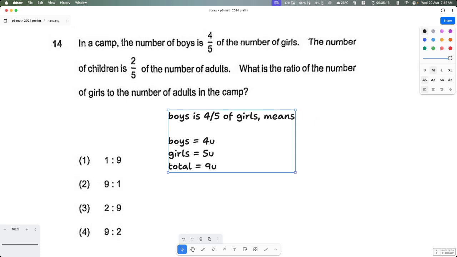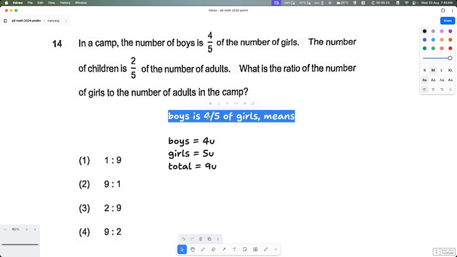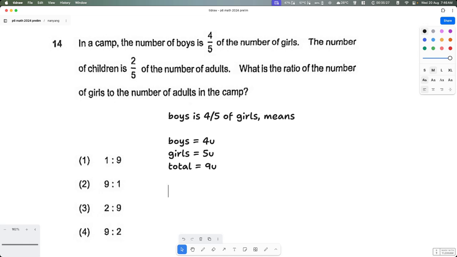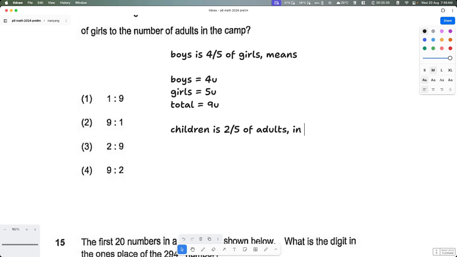Okay, so the number of children is 2/5 to the number of adults. Okay, so children is 2/5 of adults, so in ratio it will be, I'm gonna write down, children is to adults, basically 2 is to 5.